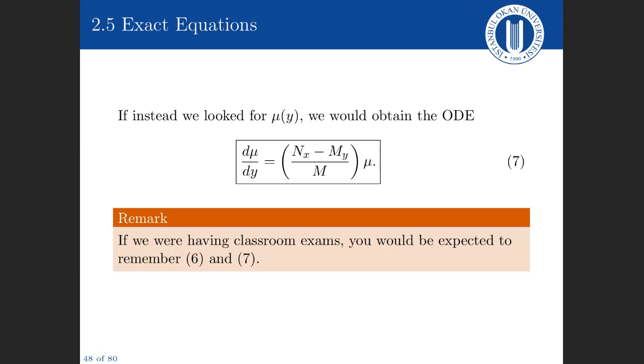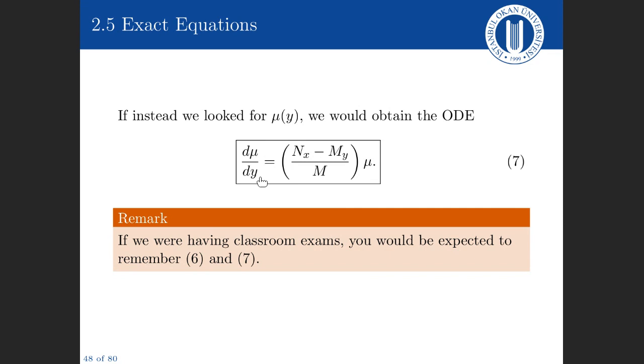We could do the same idea, but instead looking for an integrating factor which only depends on y. Then we would have a very similar equation. Instead of my minus nx over n, we have nx minus my over m, times mu, is equal to mu y.